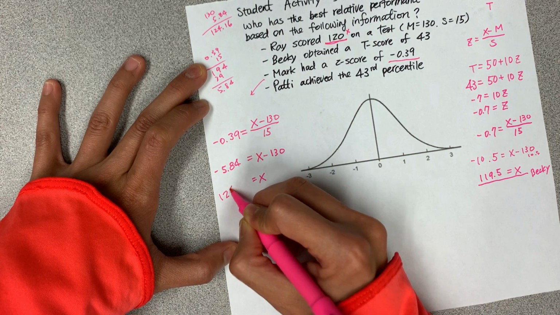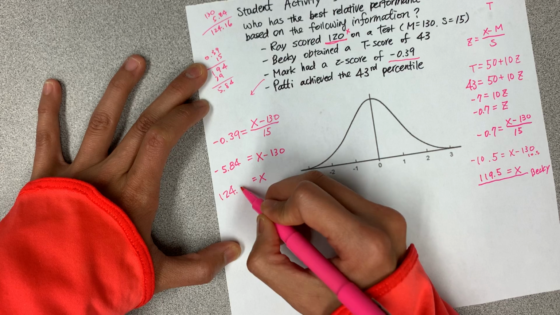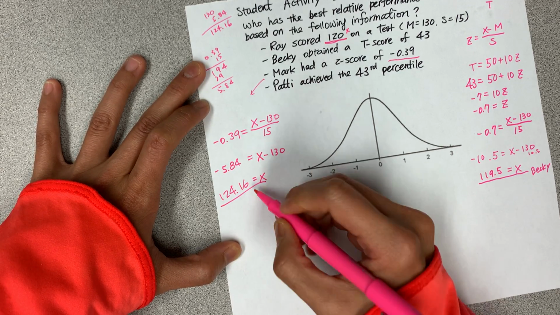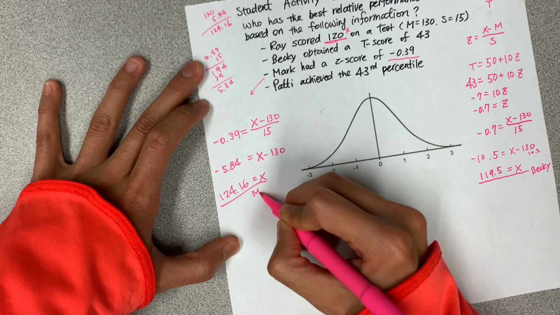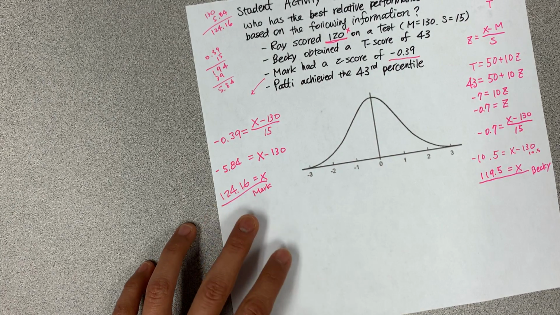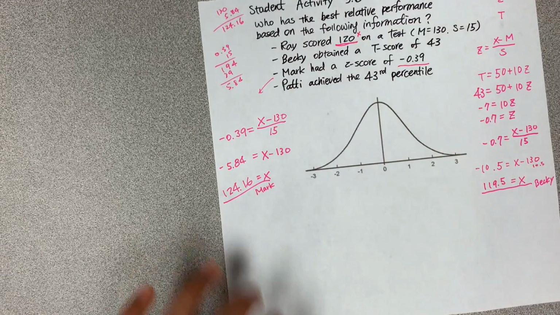Mark actually scored 124.16. So this is Mark. Mark has done better than Ray and Becky so far.